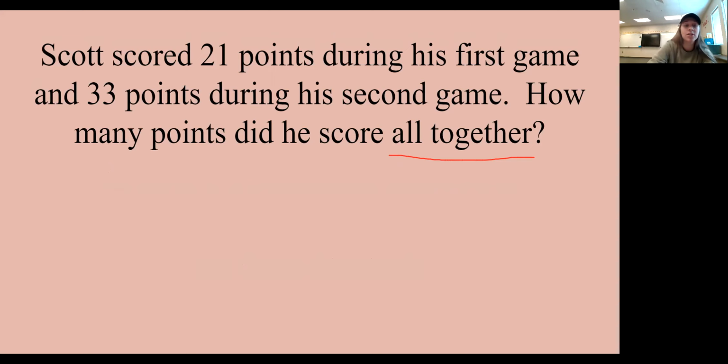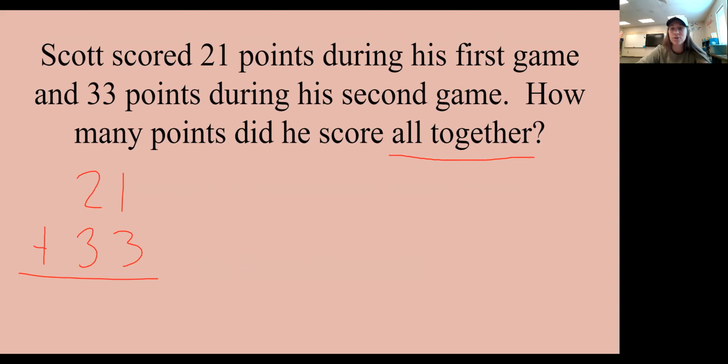It will tell you what you're going to do. And hopefully you said you are going to add those numbers. Trying to figure out how many he scored all together, you're going to add 21 plus 33, and you're going to get 54. So the answer is 54 points. He scored 54 points all together.